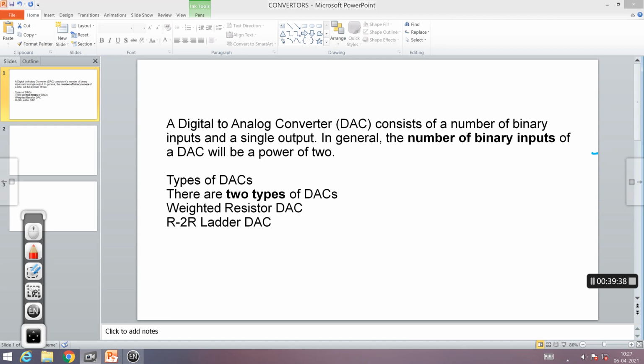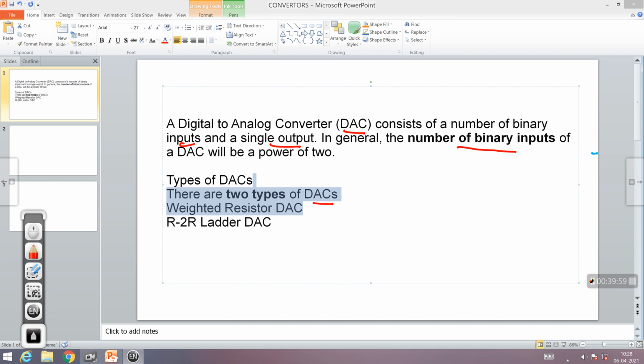Whatever I explained up till now is one type of digital to analog converter. Digital to analog converters convert your digital input to an analog output. Its short form is DAC. It consists of a number of binary inputs and a single output. The number of possible outputs is a power of 2.